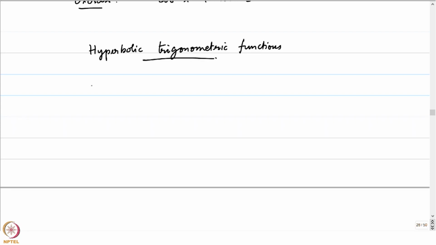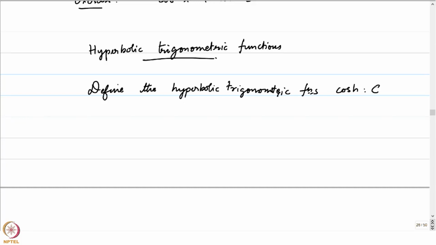So let's define the hyperbolic trigonometric functions, cos h from C to C and sine h, the hyperbolic sine and the hyperbolic cos from C to C given by cos h of z.